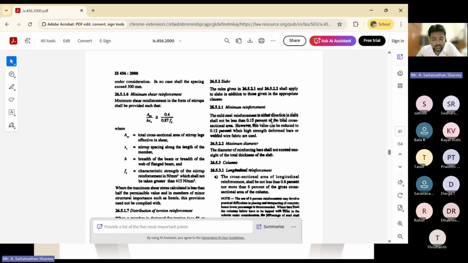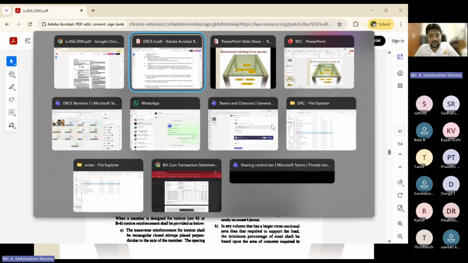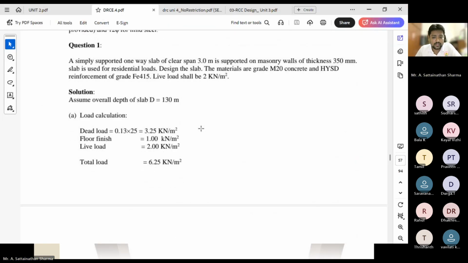So these two will be added in addition to what you have done in the beam. Please understand, don't get confused. I don't want to get too deep, so I'll be quickly moving on to the problems directly.